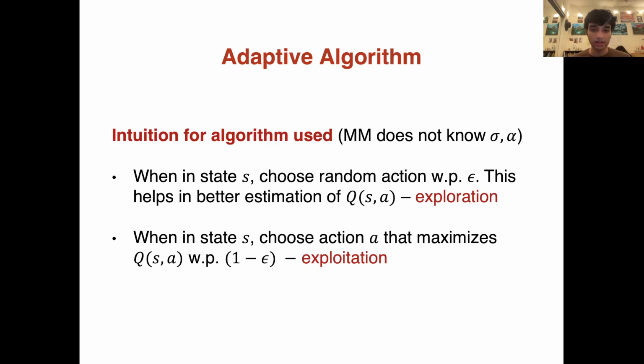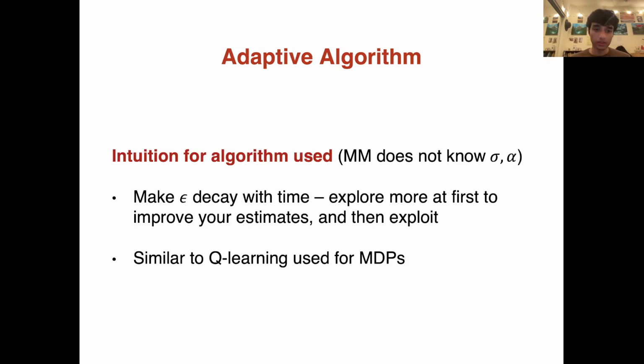This is a standard trick that is used in reinforcement learning or multi-arm bandit algorithms to balance between estimating a specific Q function and using the information that you already have to provide the best action. We then make epsilon decay with time so that it explores more at first to improve estimates and then exploits to make the market maker as efficient as possible.